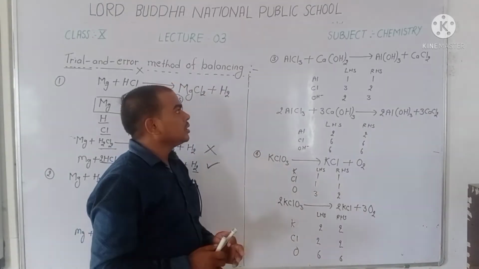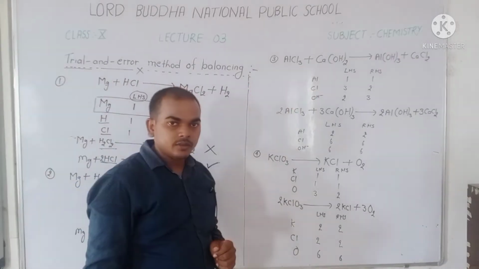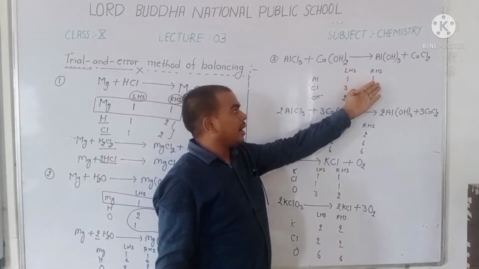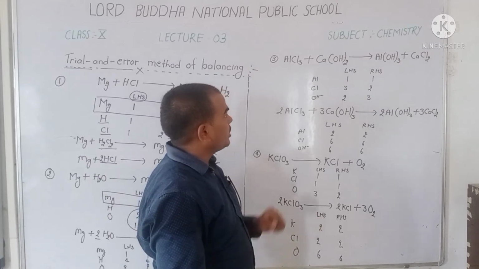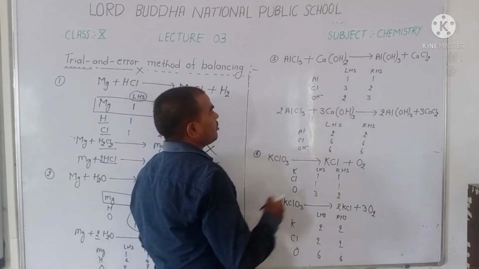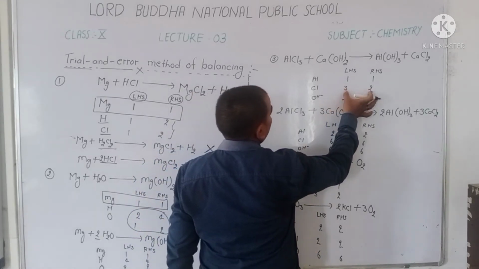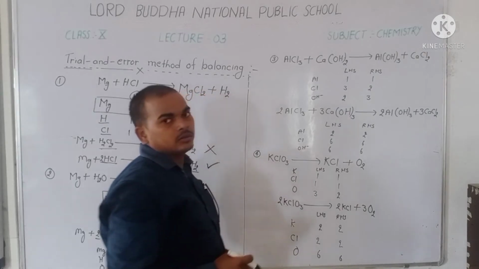Next example: aluminium trichloride reacts with calcium hydroxide and forms aluminium hydroxide and calcium chloride. But the written equation is not balanced because the number of chlorine and hydroxide ions are not equal on both sides.